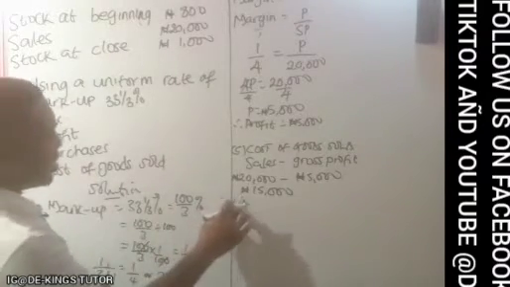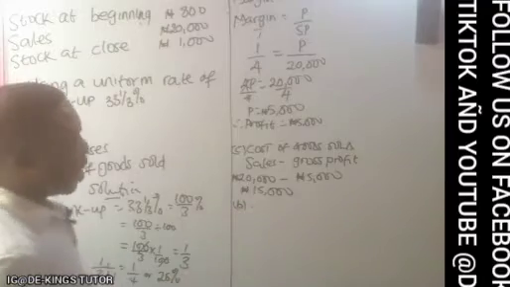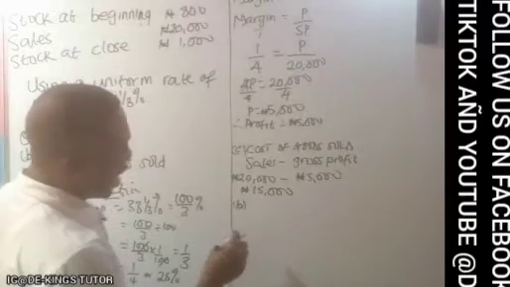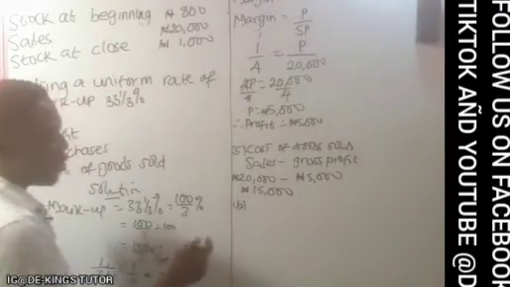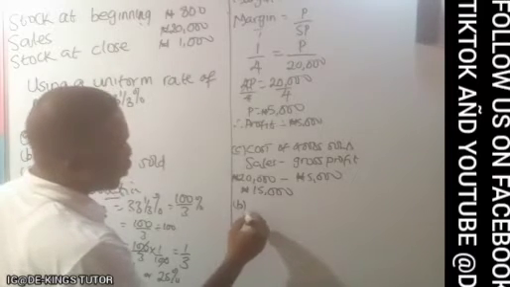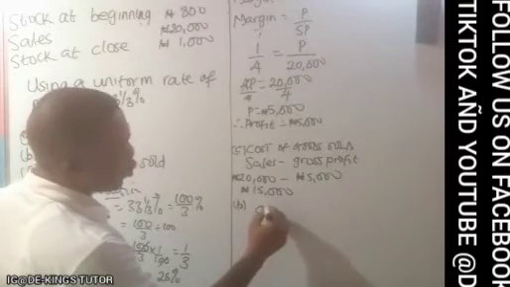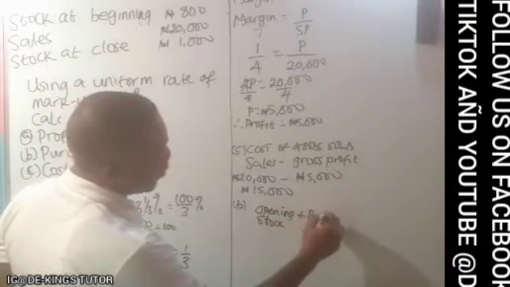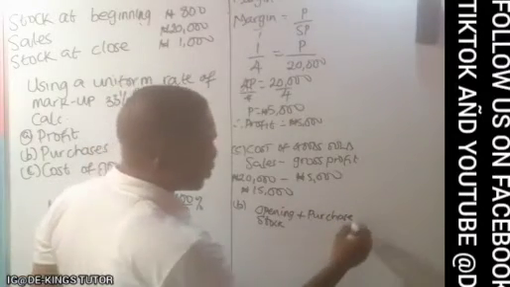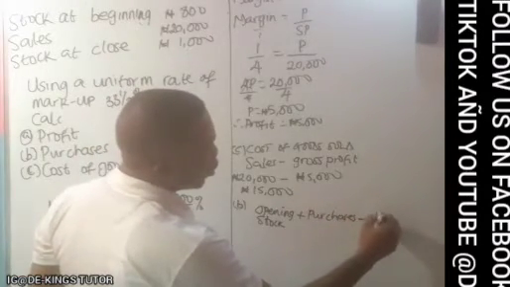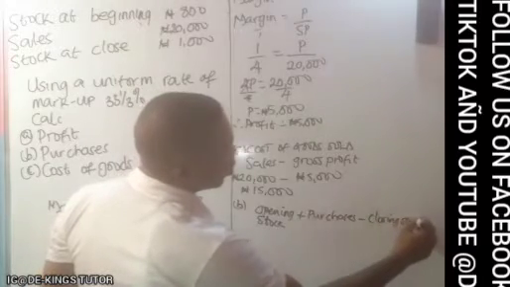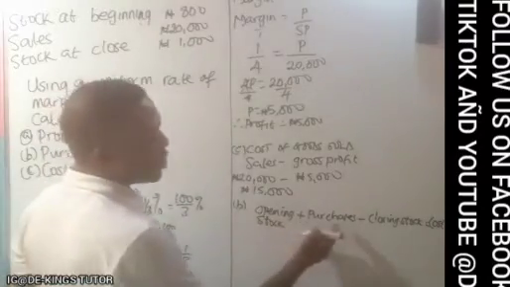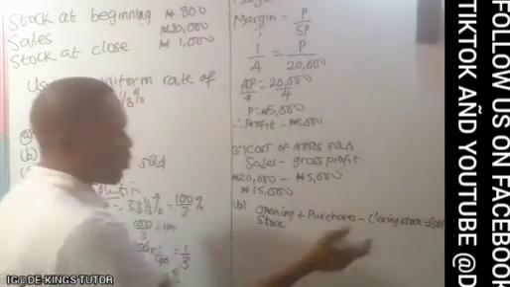Now, B: they say look for purchases. How do we find our purchases? If you remember our trading profit or loss account, cost of goods sold is opening stock plus purchases minus closing stock. Opening stock plus purchases minus closing stock equals cost of goods sold.